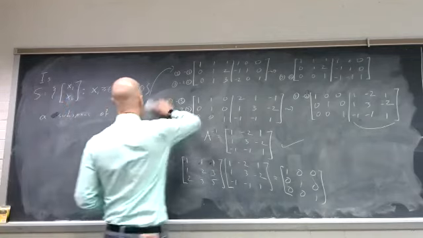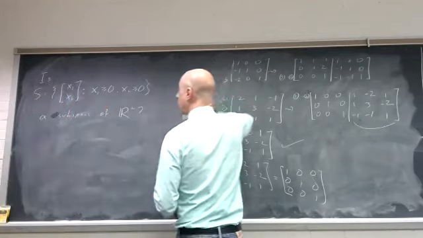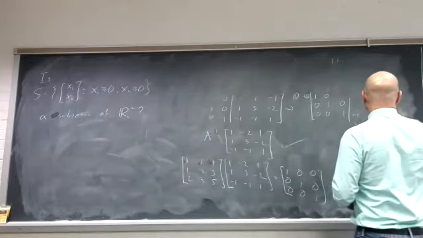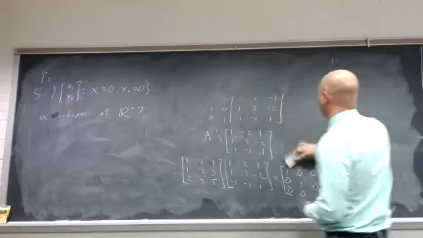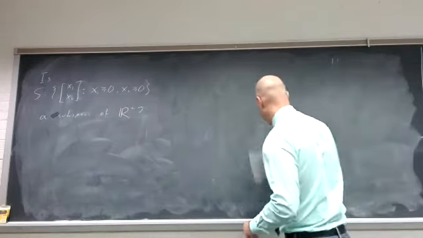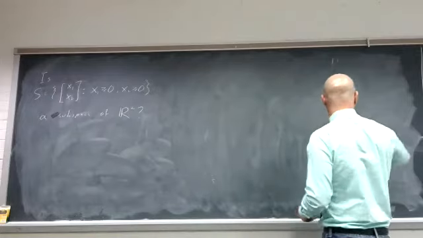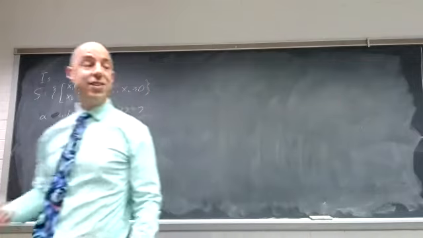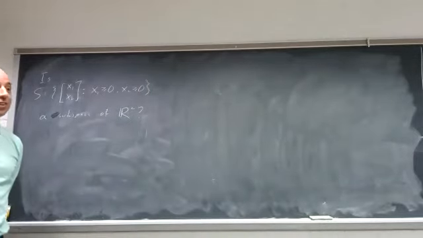Is that a subspace of R2? All the vectors where both the first and the second component are positive. What are the three things I have to check to see if it's a subspace?